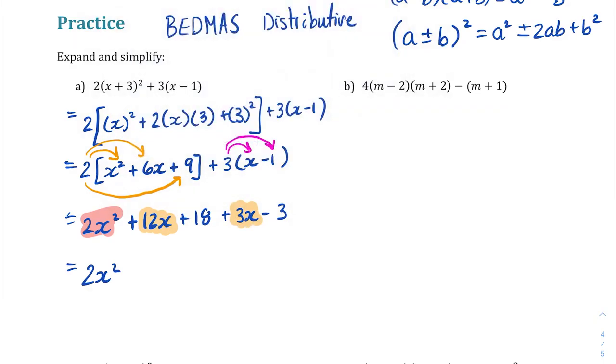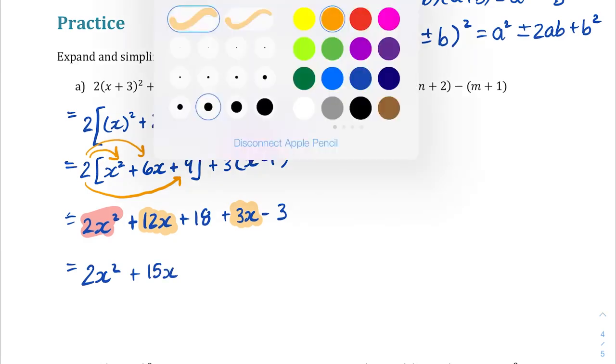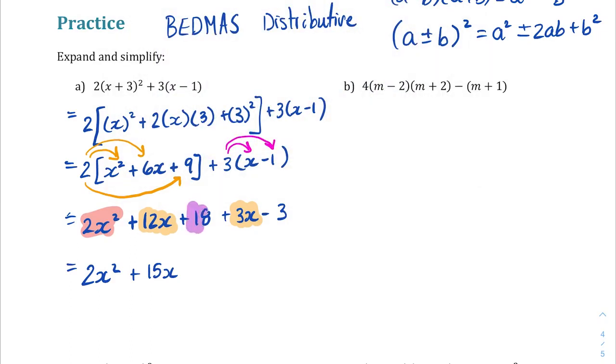So we're going to add those two together. 12x plus 3x will be 15x. 18 plus negative 3. In other words, now I'm looking at the constants, so the terms without any x. So 18 minus 3, which is positive 15. Good.